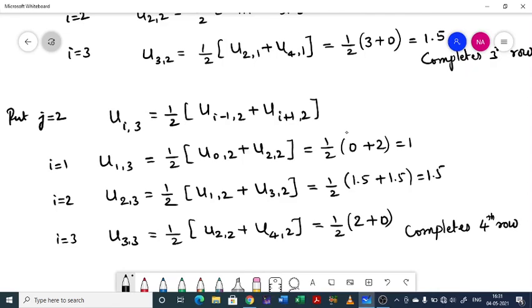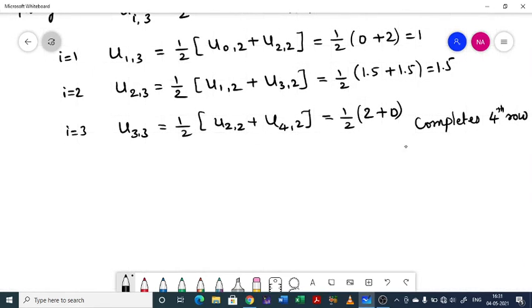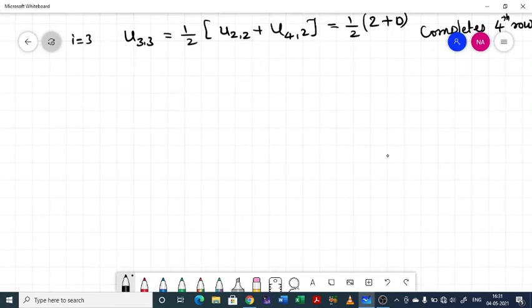That completes the fourth row. So with this we will be finishing up the table. The only remaining is the fifth and last row. Yes, it is from 0 to 5, right? So still 2 rows we need to compute. j equal to 2 is done, so j equal to 3.